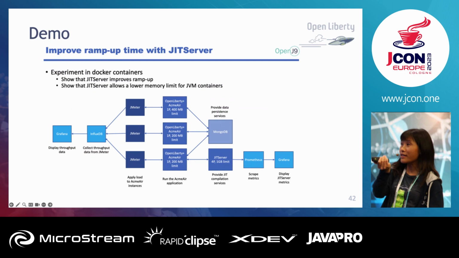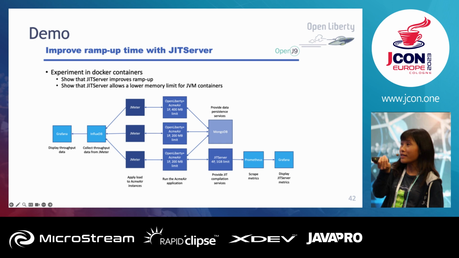With that, I will do my first demo, to demonstrate how the JIT server performs. I use two services, Grafana and InfluxDB. They collect the JMeter data and send it to Grafana. JMeter applies load to the Acme Air application.